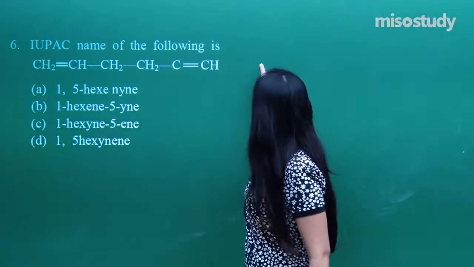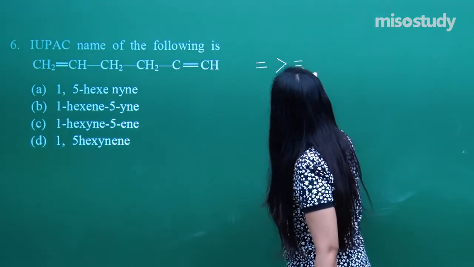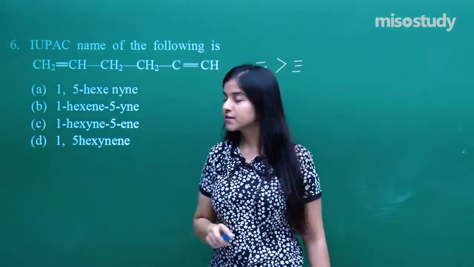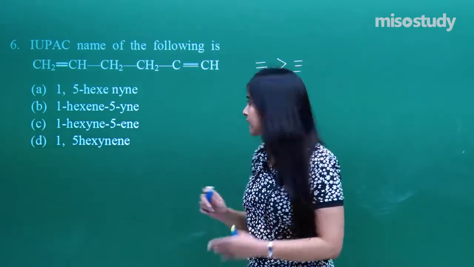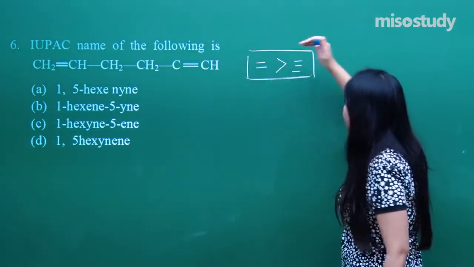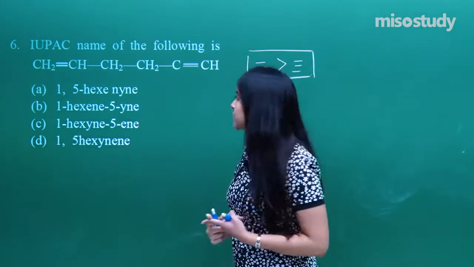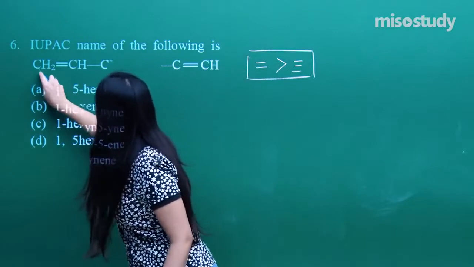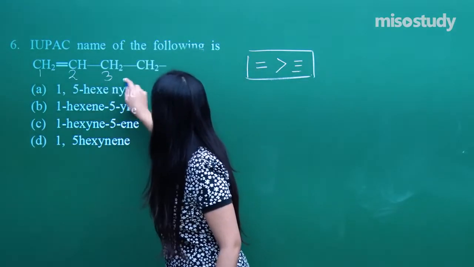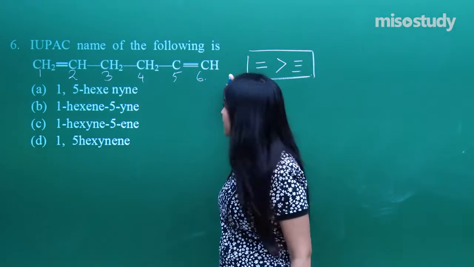If you know the preference order, double should be preferred over triple in some of the cases. Not all, but in some of the cases I need to take the double bond as my prime possibility. So it would be 1, 2, 3, 4, 5 and 6. It's a pretty easy question.